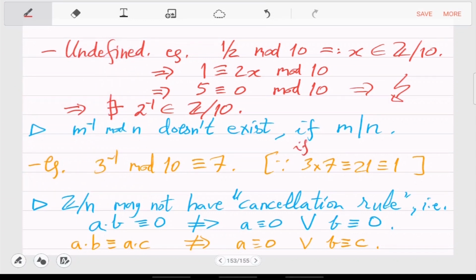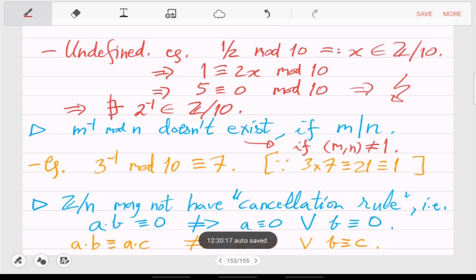So in general, if the GCD is not 1, then M inverse mod n will not exist. Right? So for example, 6 inverse mod 10 is an example.